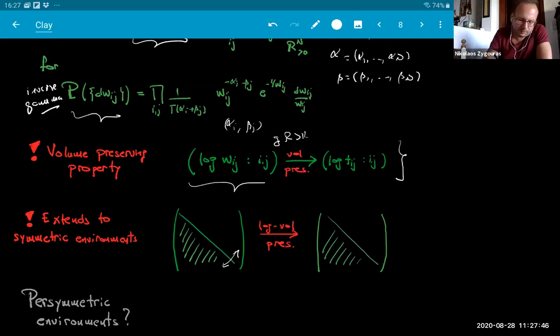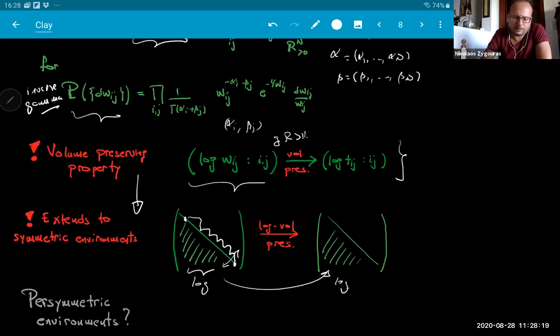And right, so the volume preserving property extends quite nicely in this symmetric environment. And then this means that if you look at the log variables on the left-hand side, to the log variables on the right-hand side, then the Jacobian of this is 1. And once you have this, then you can also write the Laplace transform for polymers in this symmetric environment, which essentially will be, by reflection, polymers lying above a certain wall.